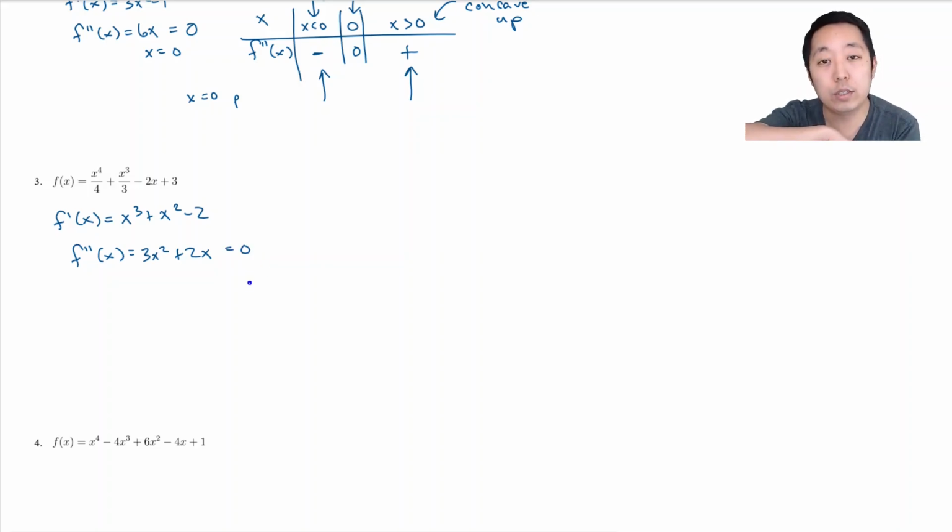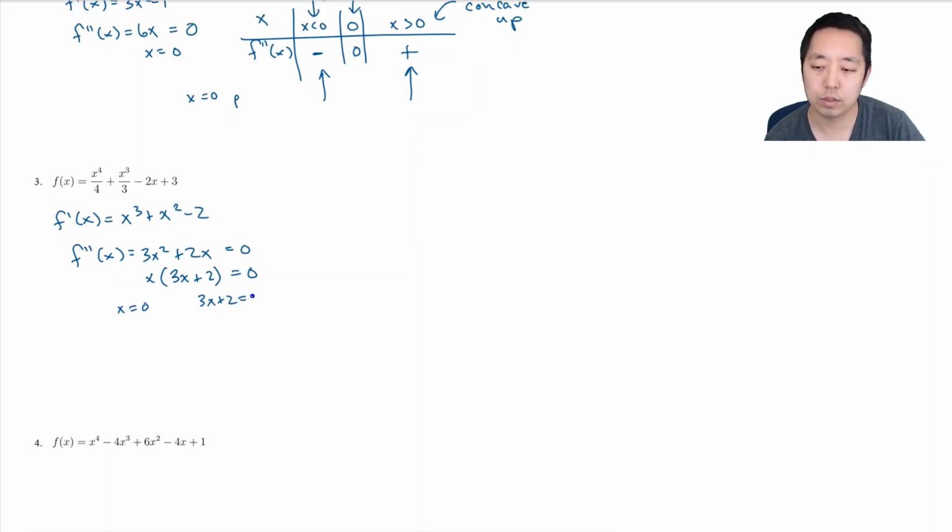Kind of like critical numbers for first derivative tests, you're finding candidates for points of inflection here. So I'm going to factor out an x, and this would be 3x plus 2. That's the best way to solve for equal 0, to factor when you can. That tells me x equals 0, or 3x plus 2 is equal to 0, because either this is 0 or this is 0. And so x is negative 2/3.